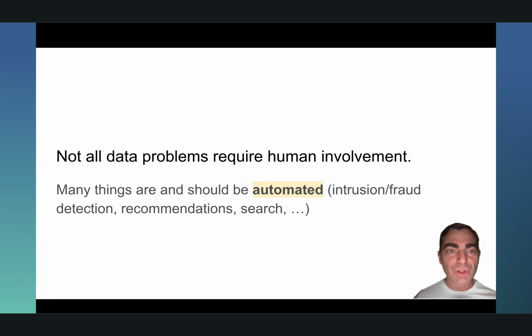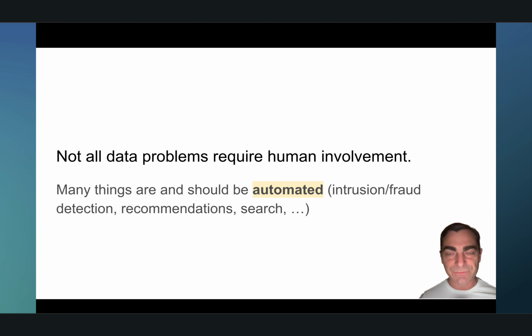Well, first of all, not all data problems require human involvement, and data visualization inherently requires human involvement. So there are many things out there that should be, and we want them to be, automated. So this is the realm of data science, machine learning, and many other areas of computer science. And when something needs to be automated through a lot of data crunching, that's fine.